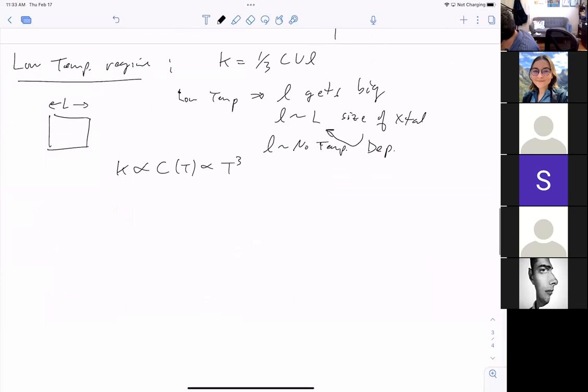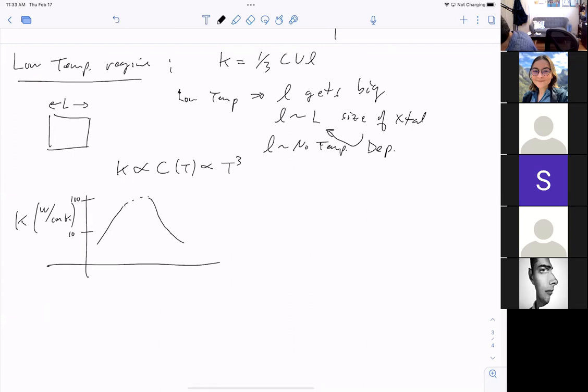You know, I could even draw actual data. If I look at the thermal conductance in watts per centimeter Kelvin, then here at 10, 100, I'm going to get something that looks like this. This is going to be 10 Kelvin, and this is going to be theta Debye, and this is going to be 100 Kelvin.